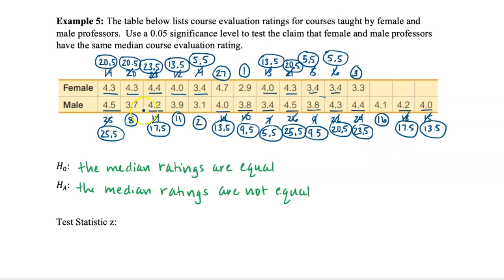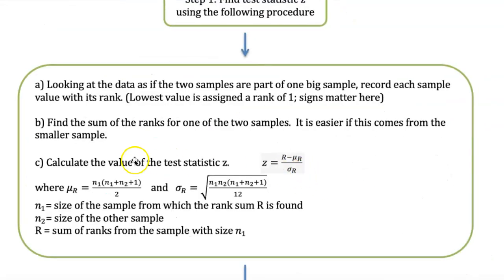Now that we have all of these values, let's look back at our graphic organizer and see how we actually calculate this test statistic. We want to find the sum of the ranks for one of the two samples. This is always going to be easier if it comes from the smaller sample, but it doesn't matter which. We declare one sample sample 1 and the other sample 2.